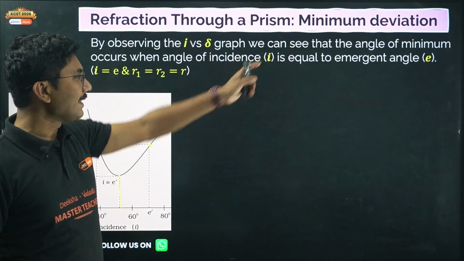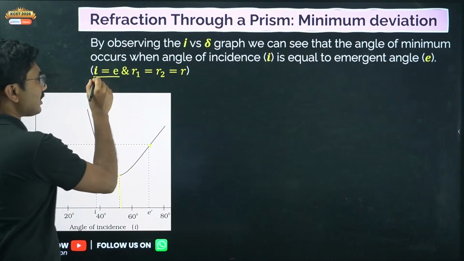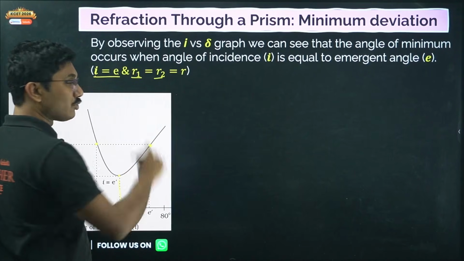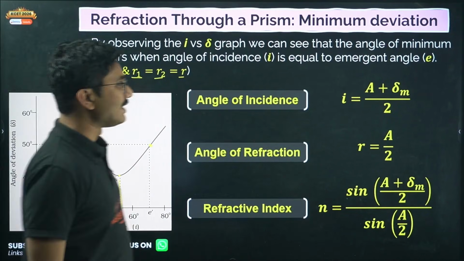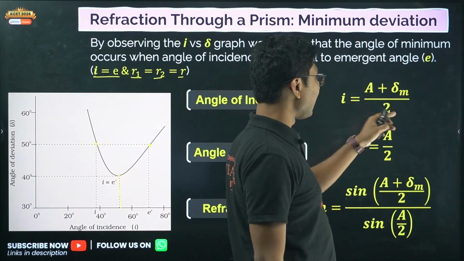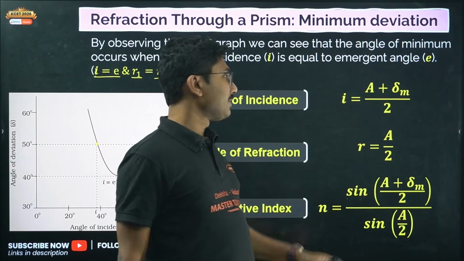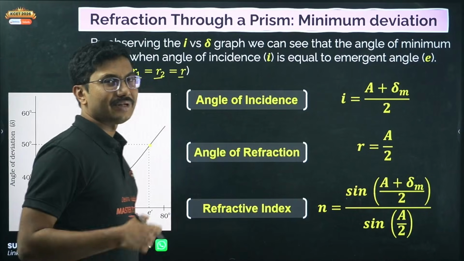So at the angle of minimum deviation, I equals E. Because I equals E, R1 has to equal R2, and let's say that value is R. Then the angle of incidence is given by (A plus delta M) by 2, where delta M is the minimum deviation. The angle of refraction is given by A by 2, and from there you can calculate the refractive index of the medium.